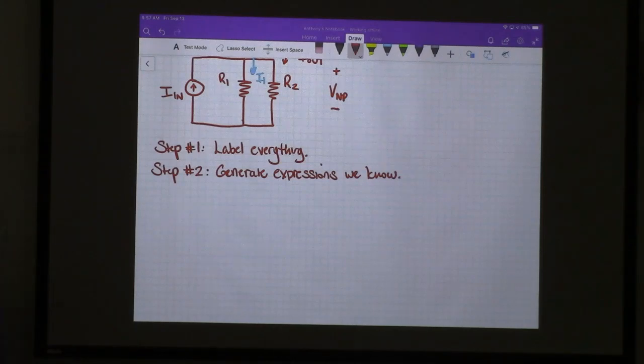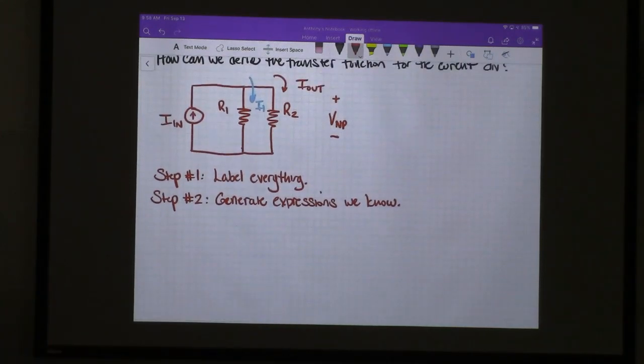All right, so we generate the expressions that we know. I know this may seem a little bit repetitive. After this chapter is done, we're going to start moving a little bit more quickly, because when we get into nodal analysis and mesh analysis, we're going to start skipping more steps. We're going to start saying, okay, solve this using algebra.